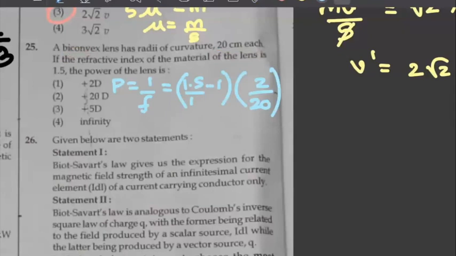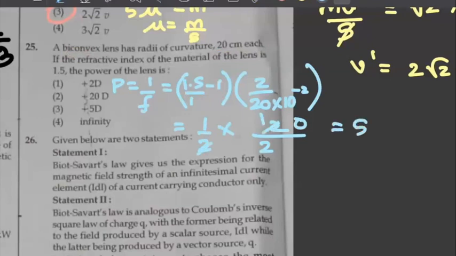It is going to be positive power. But if you want power in diopters, then the radius of curvature should be in meters, not centimeters. So this 20 won't work, so we should say 10 raised to minus 2. Now 1.5 minus 1 is 0.5, which is half, and 2 by 2, and 10 raised to minus 2 goes into the numerator and becomes plus 1. So I have 10 by 2, which is 5, positive 5 diopters.